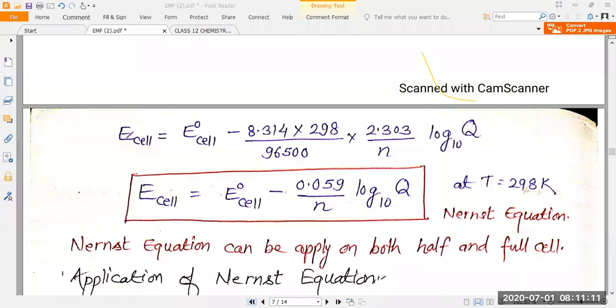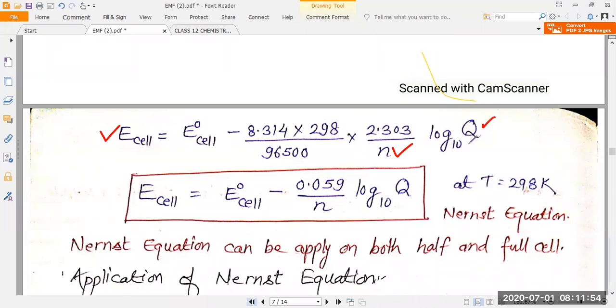In the Nernst equation, we have studied that E cell means the potential of the cell of an electrochemical cell, the Daniell cell. The potential of the cell is the standard potential of the cell minus 8.314 × 298 × 2.303 divided by 96500 × n, log10 Q. Here n is the number of moles, and Q is the reaction quotient.